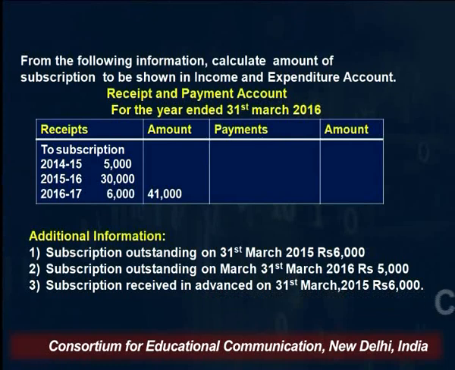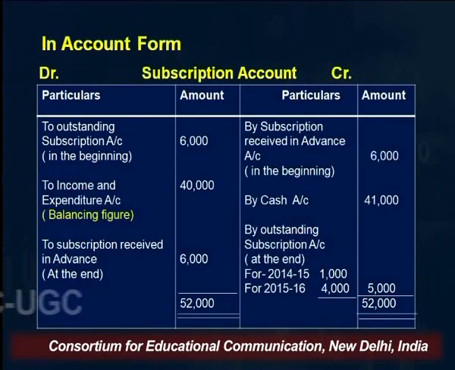This includes 1,000 of the previous year and 4,000 of the current year. So the total subscription outstanding on 31st March 2016 is 5,000, and this includes two items: 1,000, which is the income of the previous year not received, and 4,000 of the current year which is also not received.